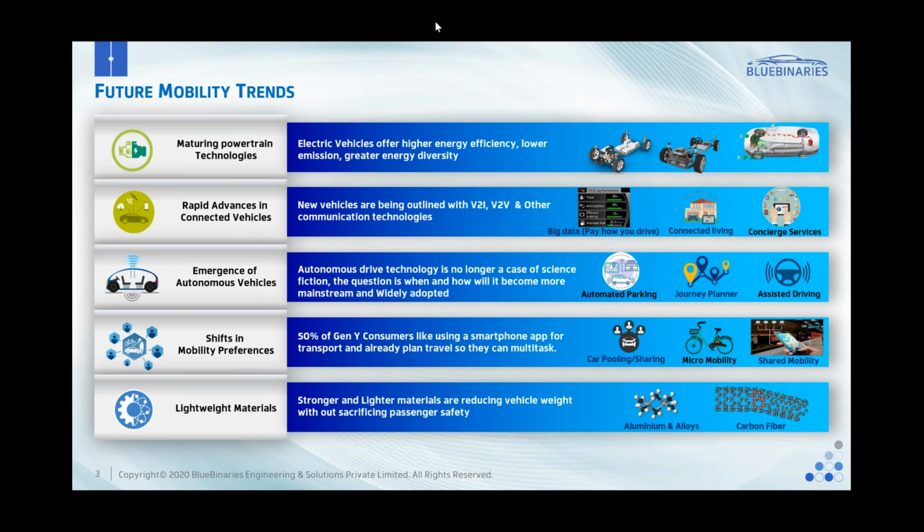But the major part is the concierge services, where today the consumer most wanted connected feature is the way he started using connectivity as a service in terms of utilizing the vehicle and its capabilities, as well as the product along with the ecosystem. That's where V2I and V2V and other communication technologies like 5G or LTE is getting integrated very much into the products.